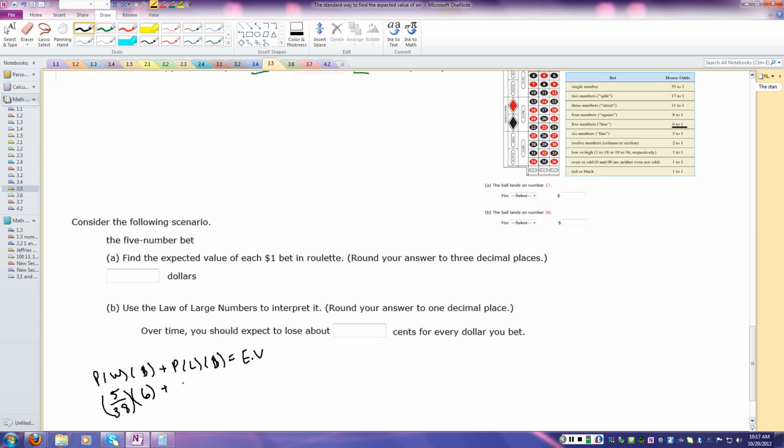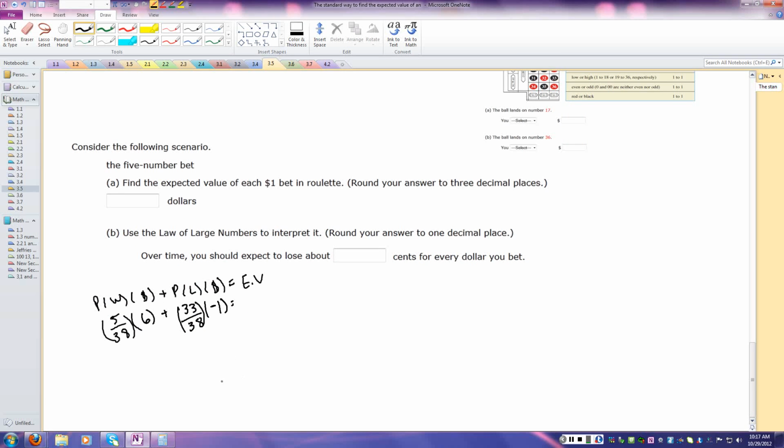Plus the probability I lose, which would be 33 out of 38. And if I lose, I just lose $1. So now I have 5 times 6 is 30, so I have 30 over 38 minus 33 over 38.